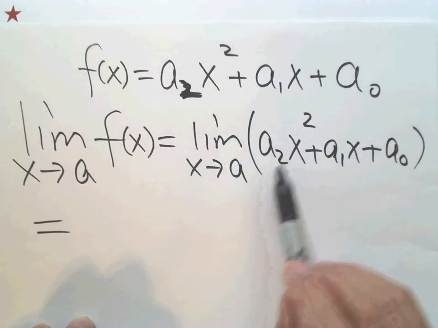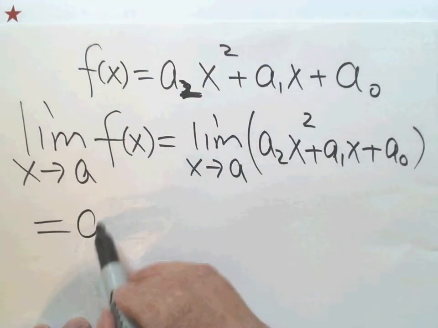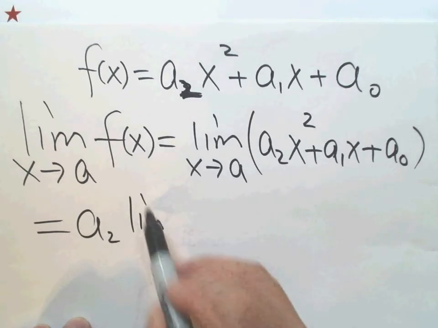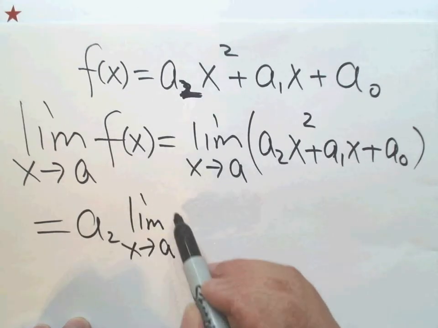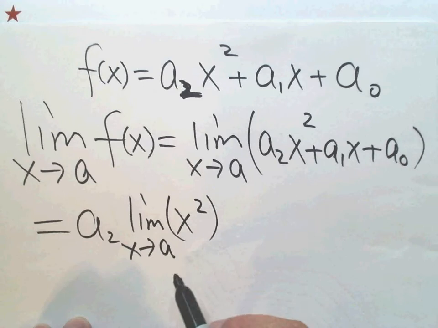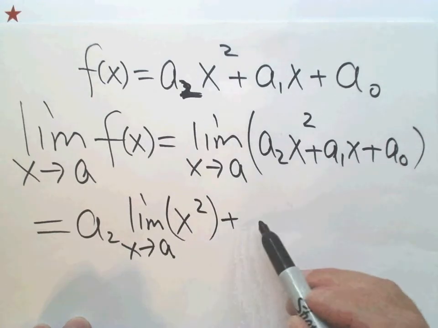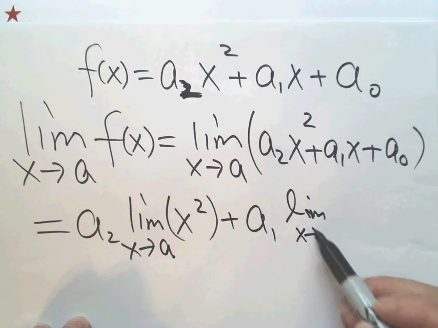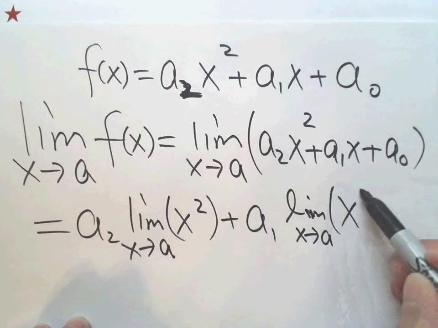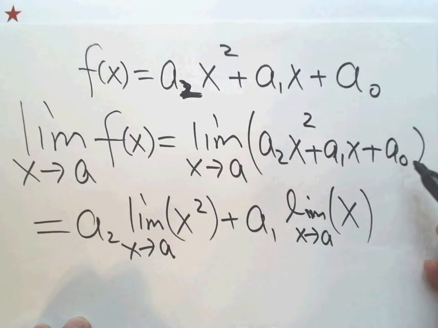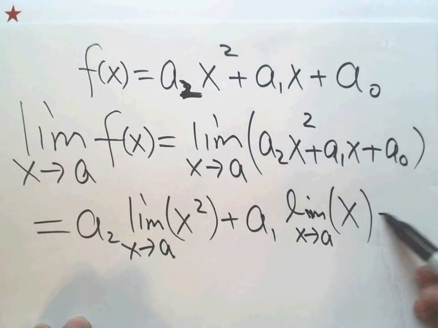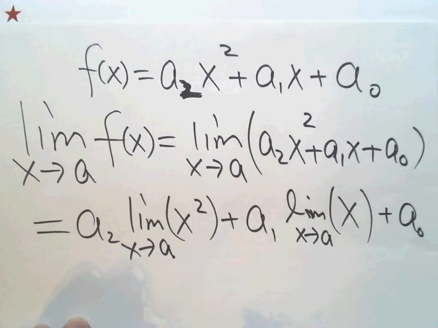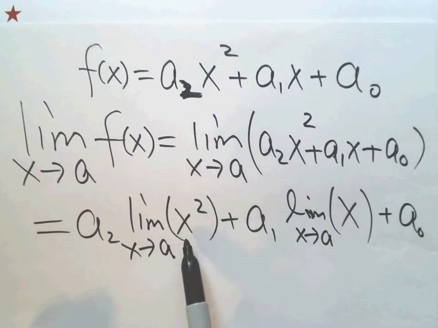So the limit can go in: a2 times the limit as x approaches a of x squared. This is a constant number, so a1 times the limit as x approaches a of x. The limit of a0, of course, a constant number, is always equal to itself, so a0. Can you see this, the linear property we just said? What is this?